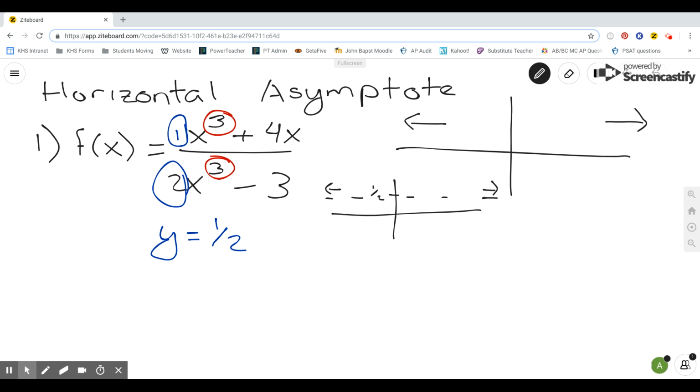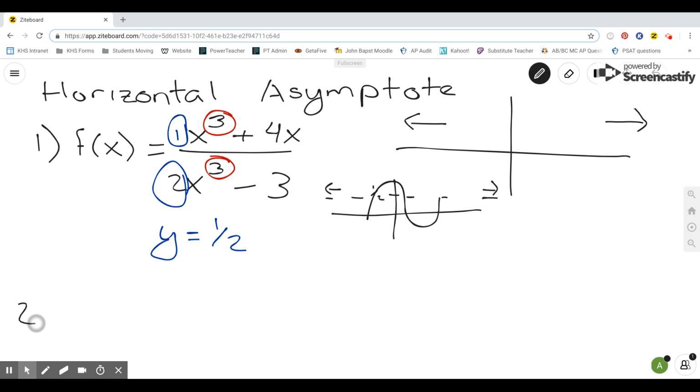Now, in between there, your function could cross that horizontal asymptote as many times as it wants, because all we're talking about is end behavior. We're not talking about a vertical asymptote that would produce undefined or something like that. So we're just talking about end behavior. It's going to, in this case, follow the line y equals 1/2.